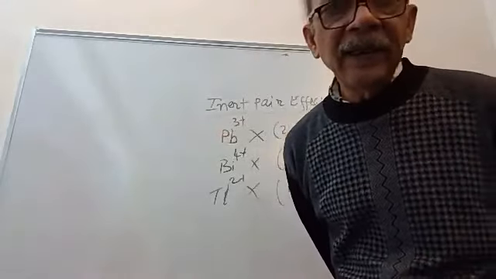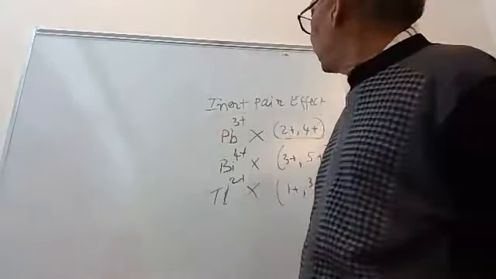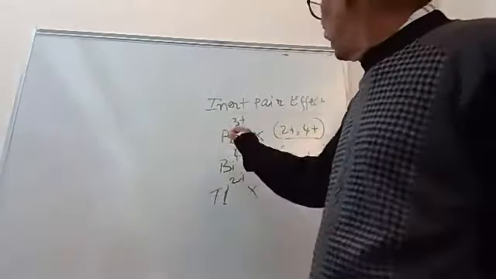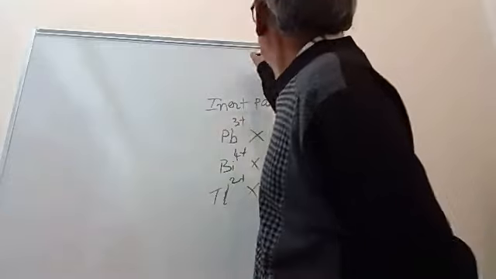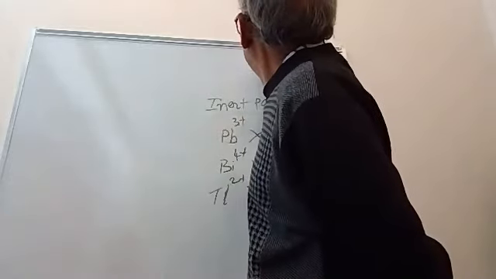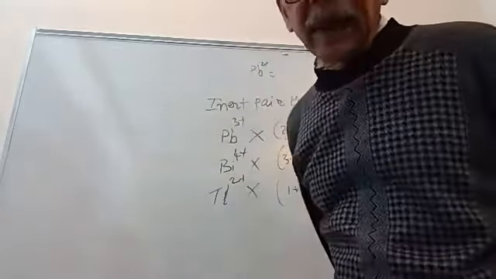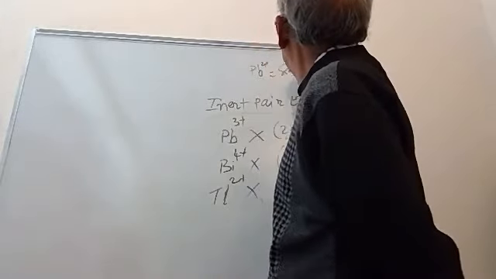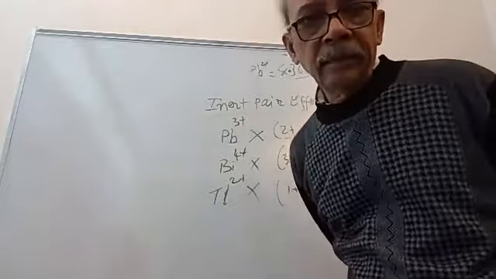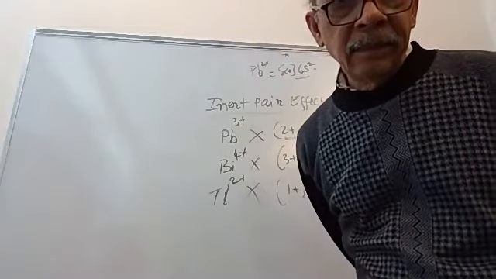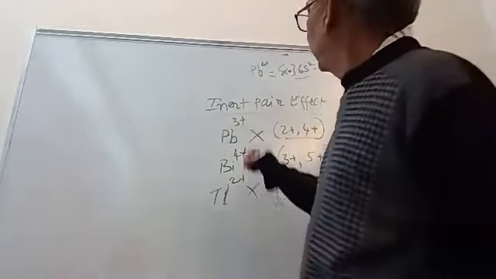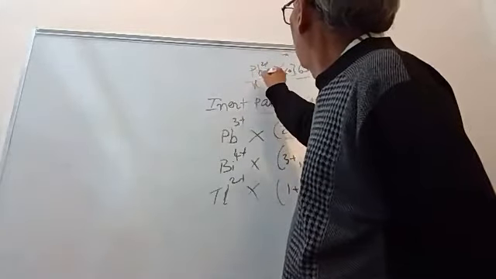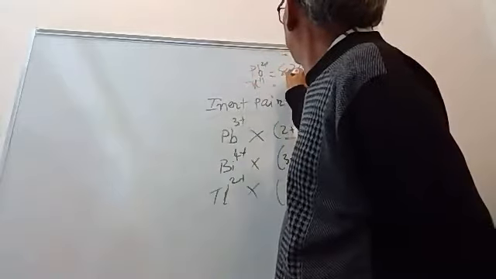So why is this happening here? To answer that question, we need to look at the electronic configurations of, let's say, lead 2 plus. Pb2 plus has a valence electronic configuration of xenon 6s2. Quite interestingly, that is the configuration of thallium 1 plus, same thing.